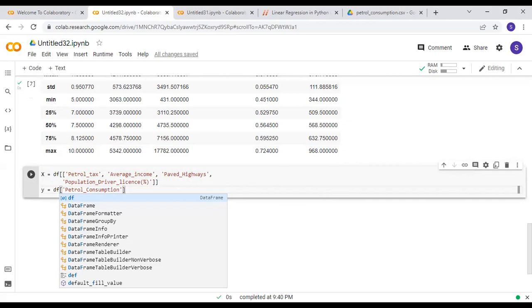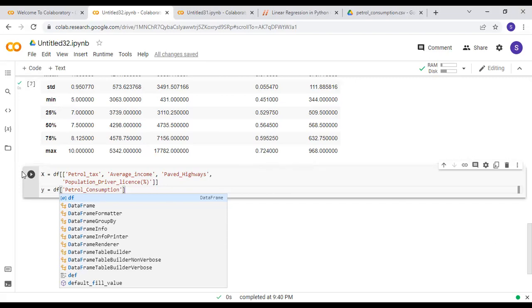The target variable here is only the petrol consumption, and all others are the predictor variables. So petrol tax, average income, paved highways, population, driver license, these are my predictor variables, and my target variable is only the petrol consumption.